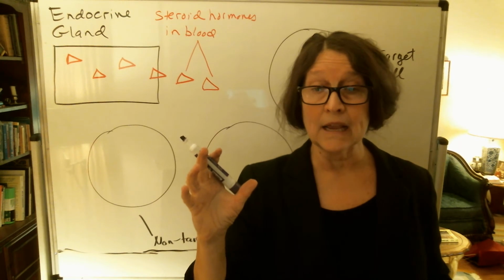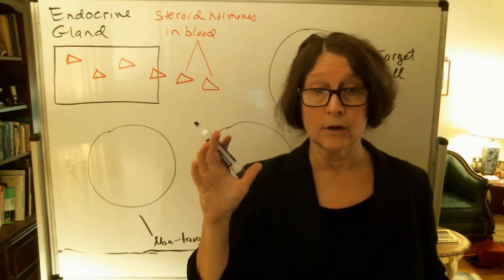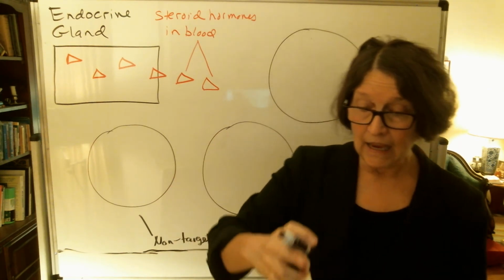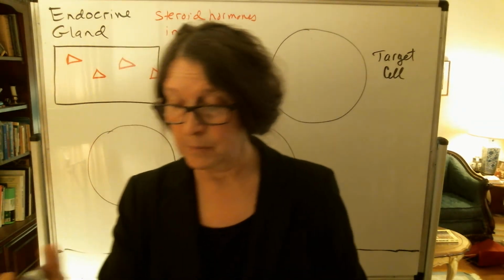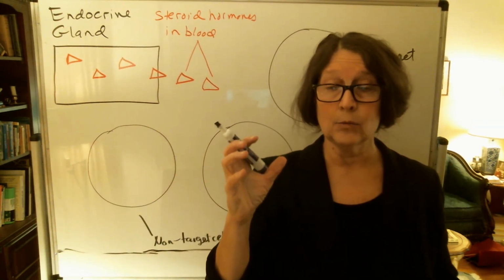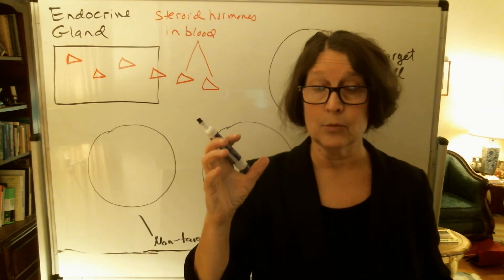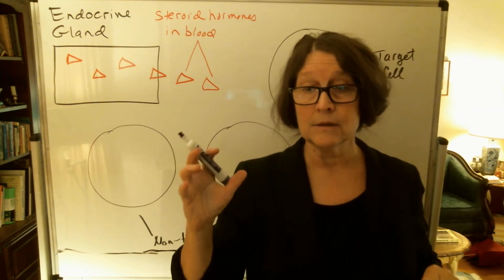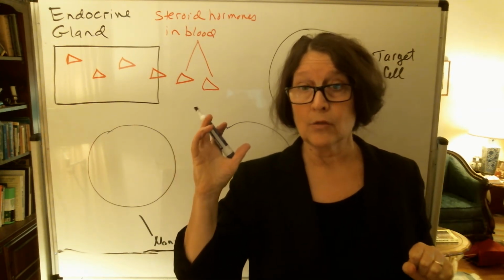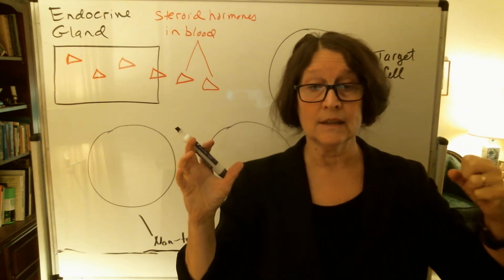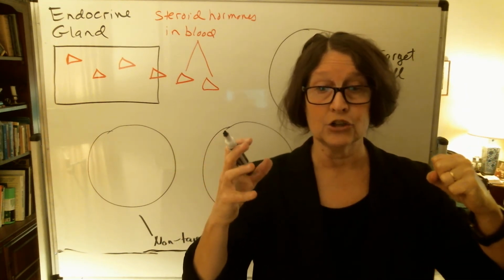So the point is that you can think of receptor proteins as being like a lock on a door, like a mechanical lock. They have a particular shape. And that shape is very specific, and it then interacts only with a particular key. That has to be both the right kind of substance, and that substance has to be in the right shape.